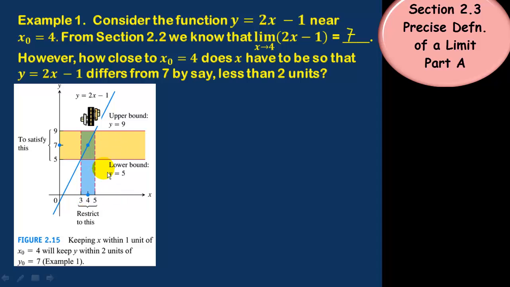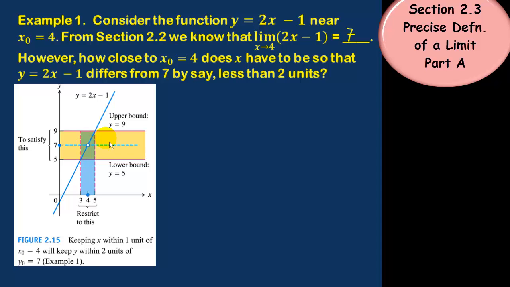And one thing that we have to notice too is that at x₀ equal to 4, the y value doesn't have to be defined there. We're concerned about all the y values surrounding L equal to 7, our limit point.